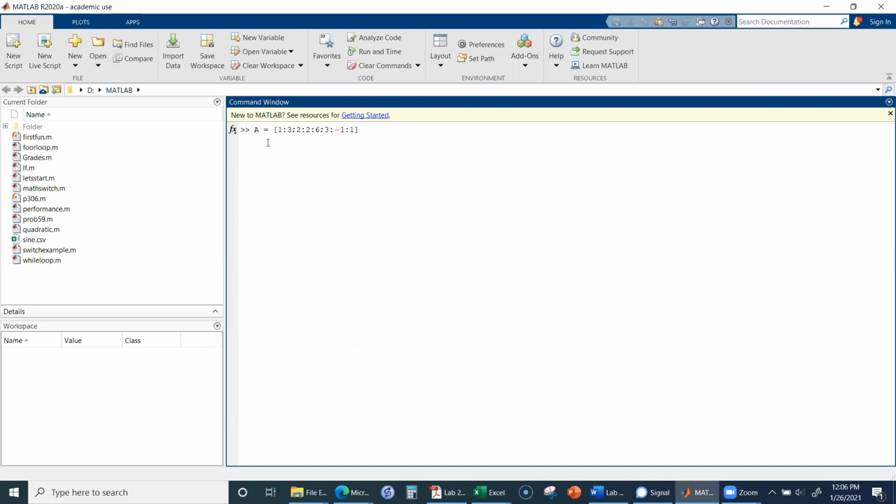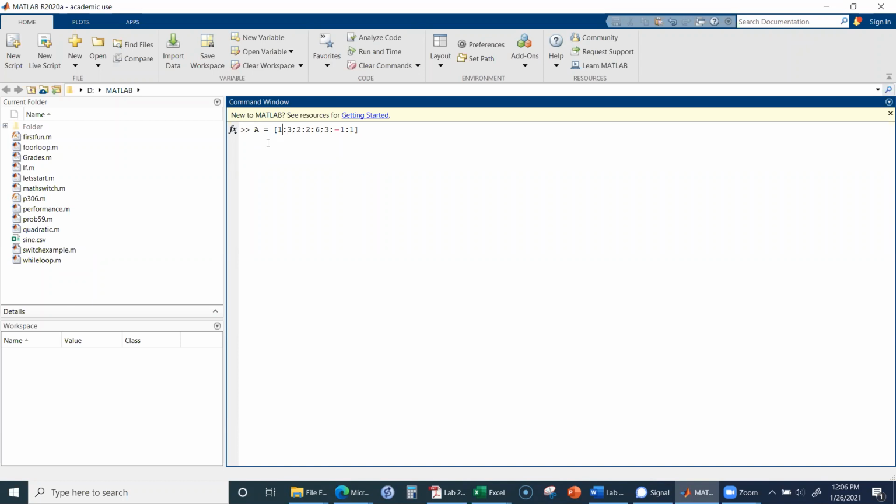So for example, over here I have a variable a, and then I have the square bracket, which shows that I am going to define some matrix, and then 1:3. So this colon is a special operator.